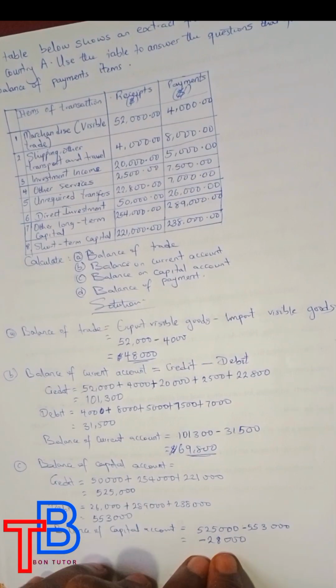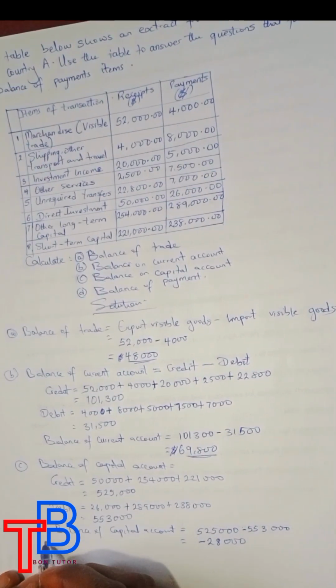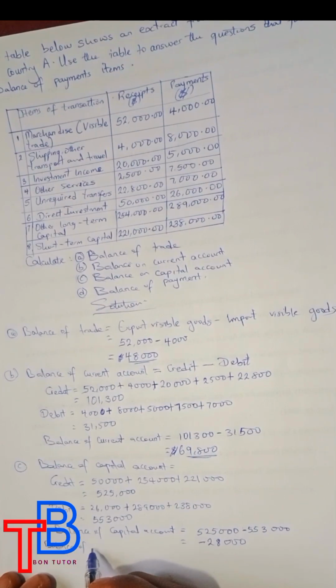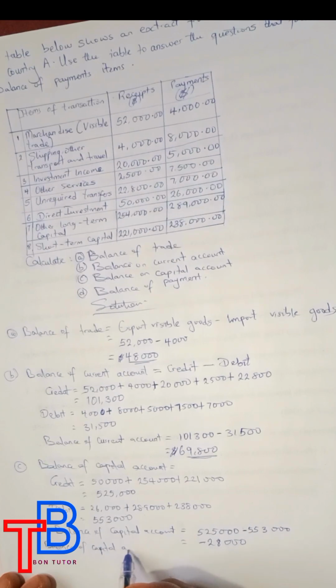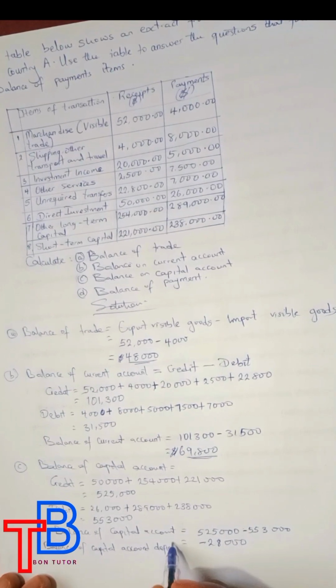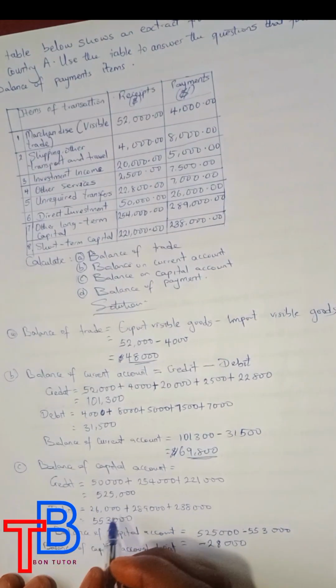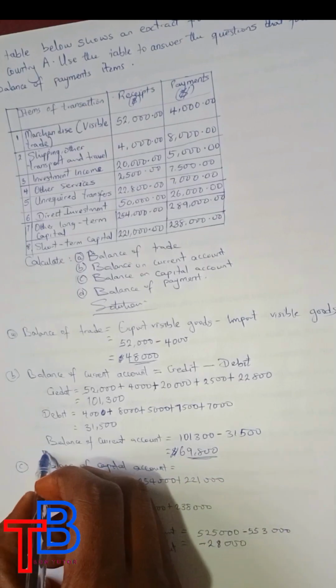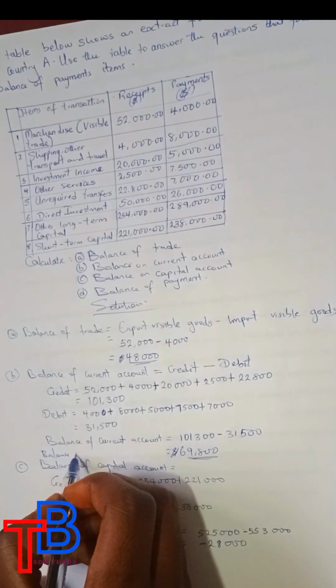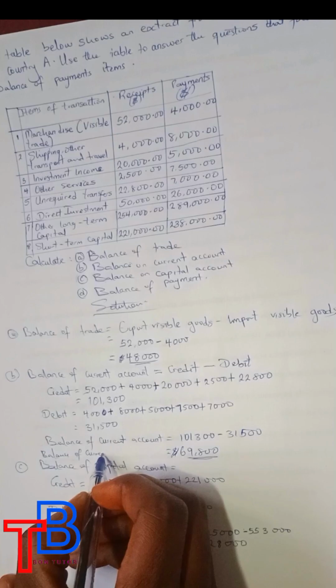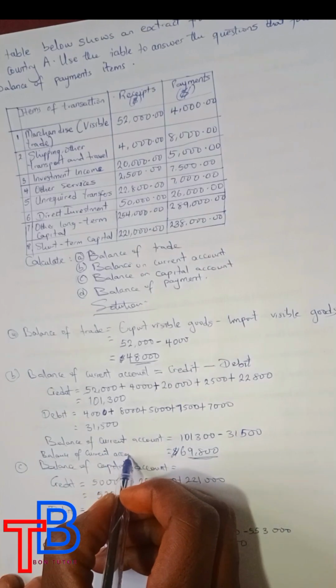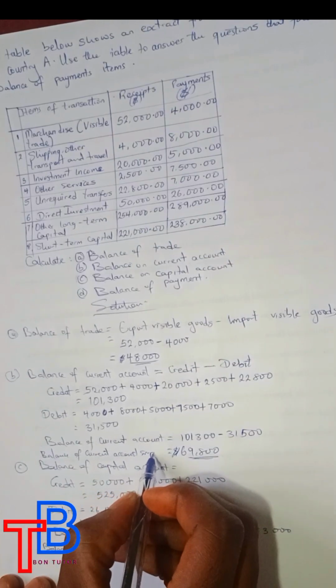And since this one is negative now, you call it balance of capital account deficit. Call it deficit. And this one that is positive here, which is the balance of current account, is called balance of current account surplus.